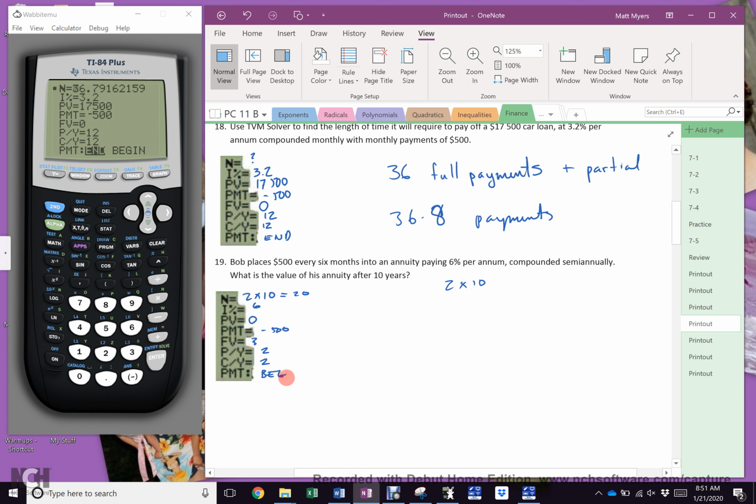Now let's fill it in. 20, 6, 0, future value, I don't know. Payments per year 2, compounds per year 2, and we're getting it at the beginning because we're saving.